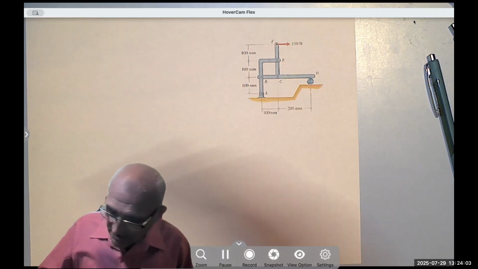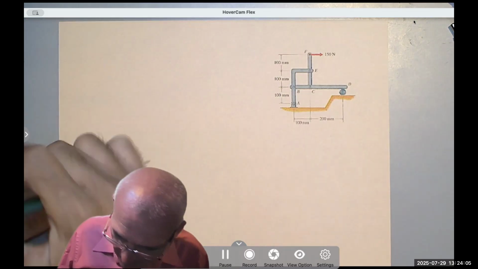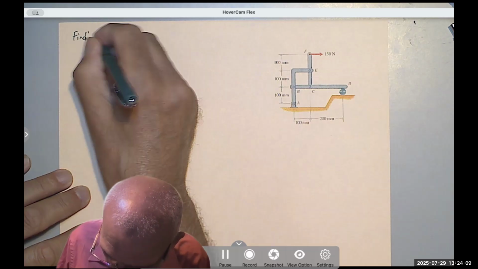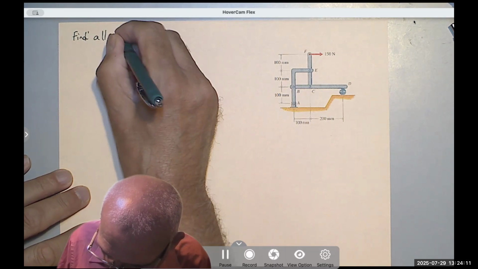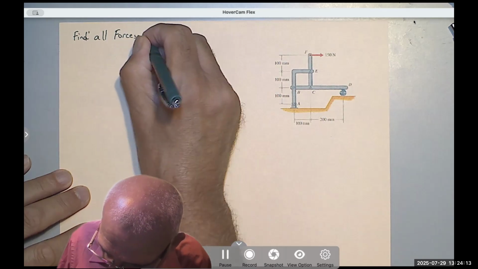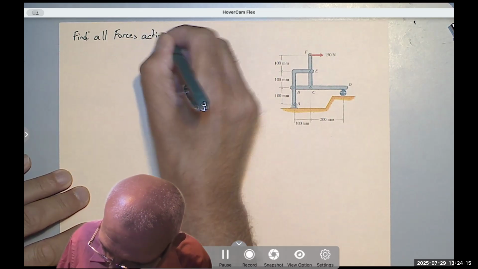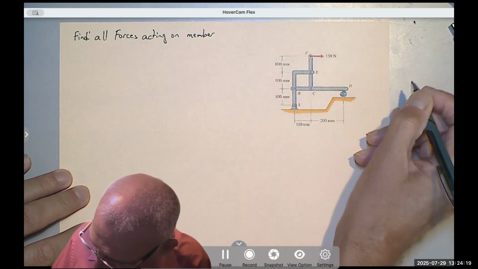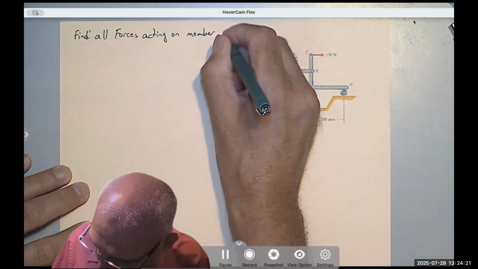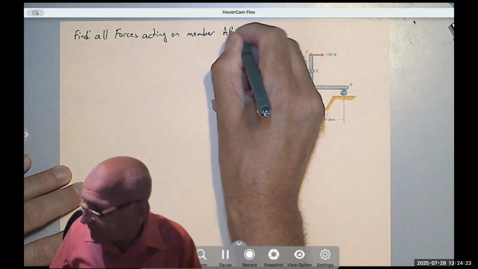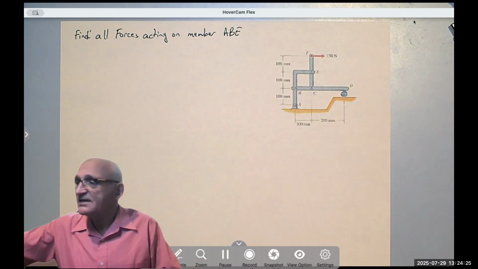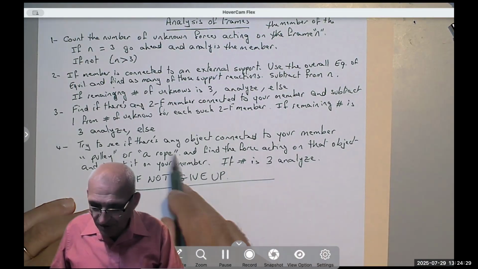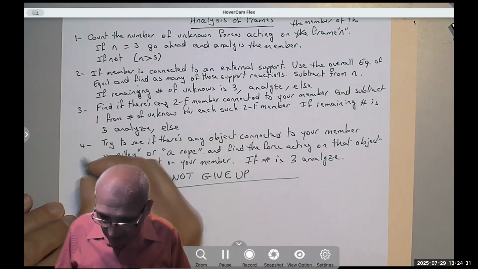So suppose it tells you, find all forces acting on member ABE. In fact, when I said analyze any object connected, and I said pulley or rope, sometimes it would be another member.